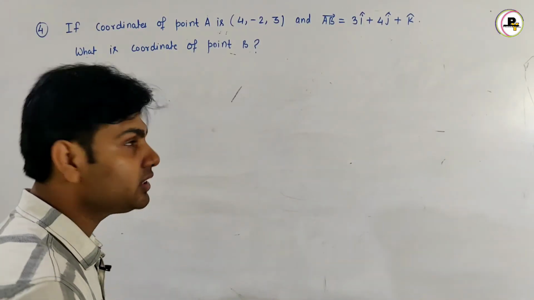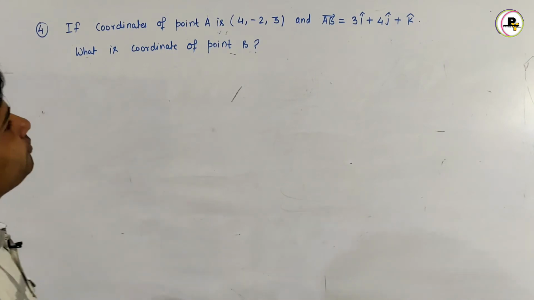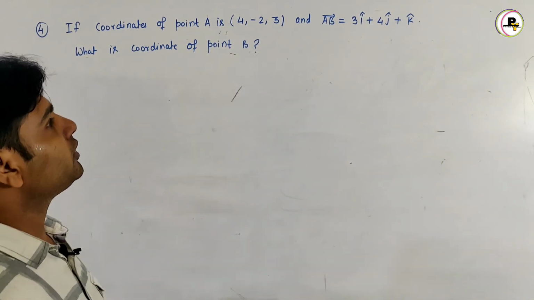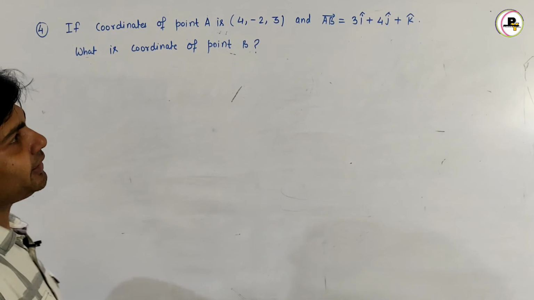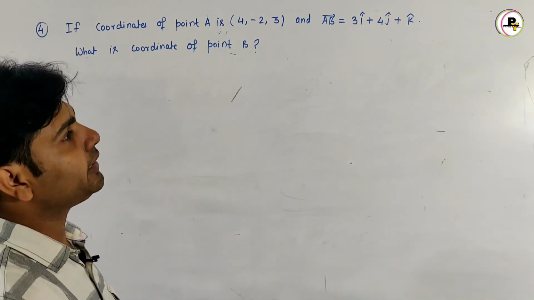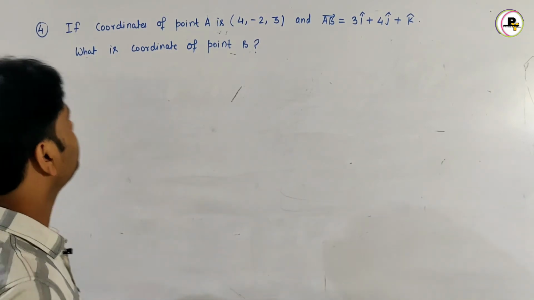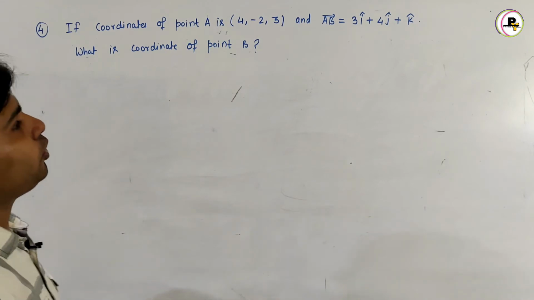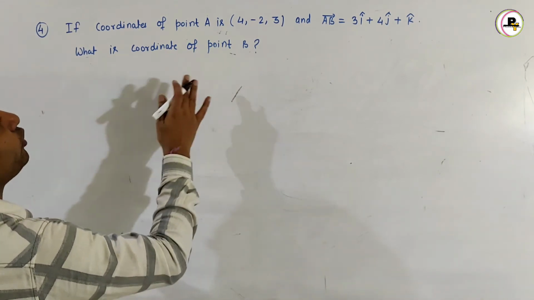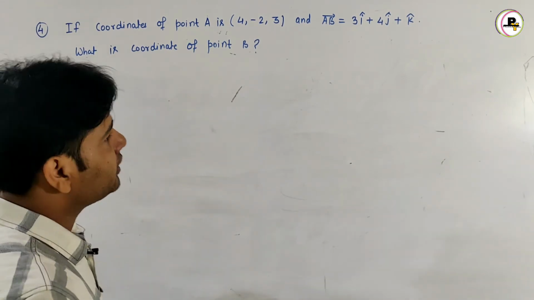So question number 4 is: if the coordinates of point A are 4, minus 2, 3 and AB vector is equal to 3 i cap plus 4 j cap plus k cap, what is the coordinate of point B?